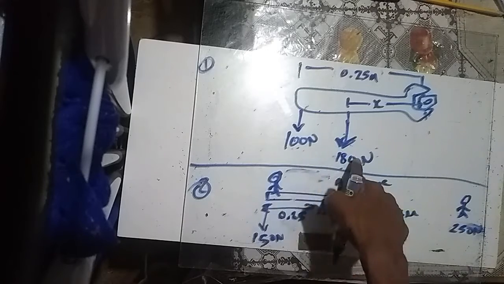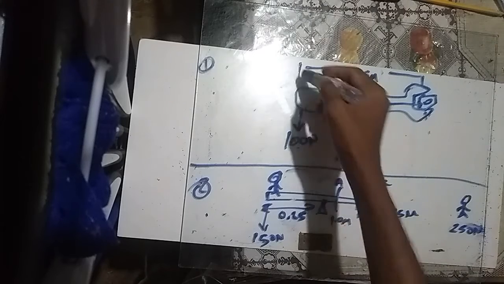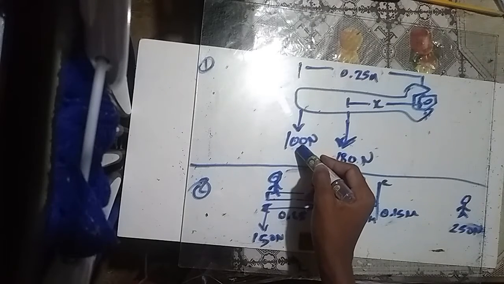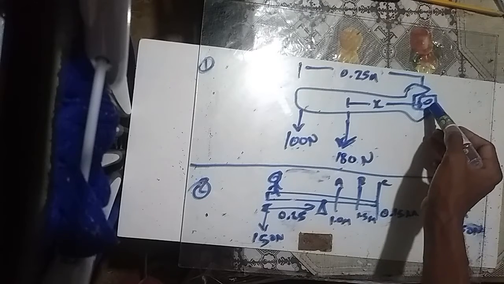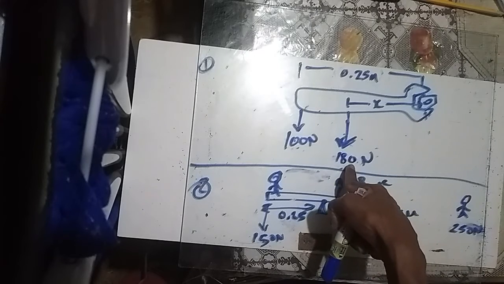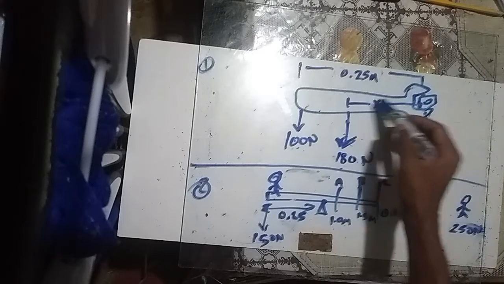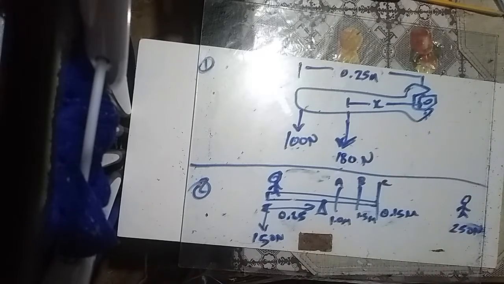We have a force acting here of 100 newtons, which is 0.25 meters away from the pivot, which is the turning point right there where the nut is. And we have another force, 180 newtons, that is at a distance away from the pivot, which is the nut, that we do not know and which we will want to find.